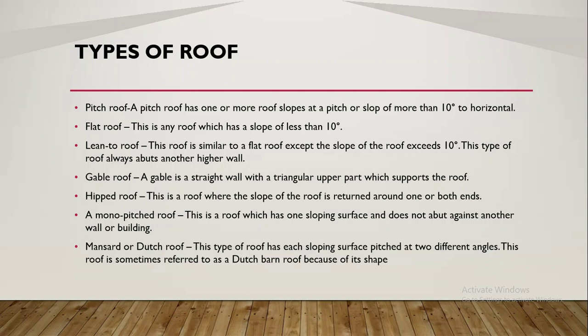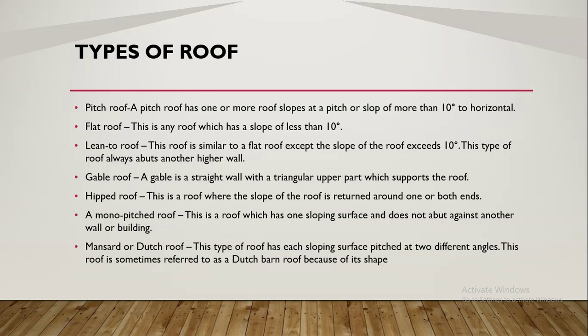That is where you can recognize those types of roofs. So the first one is pitch roof. A pitch roof has one or more roof slopes at a pitch or slope of more than 10 degrees to horizontal. So that one is what we call the pitch roof.